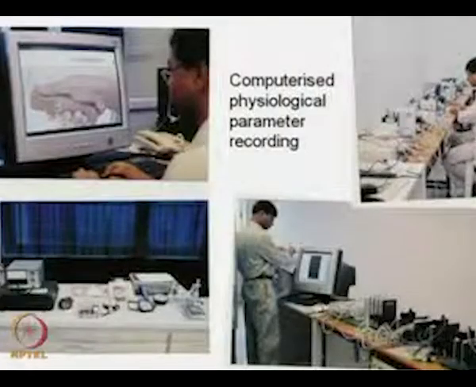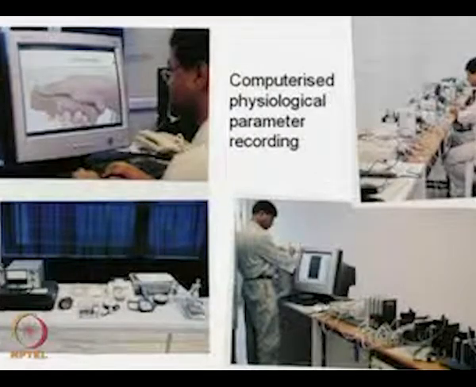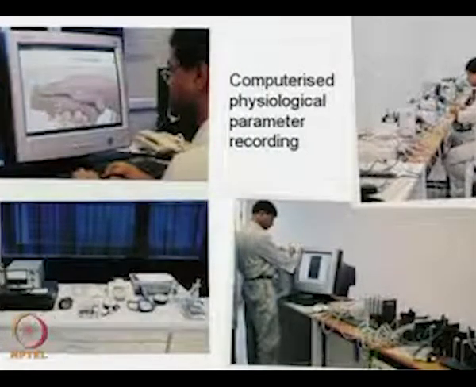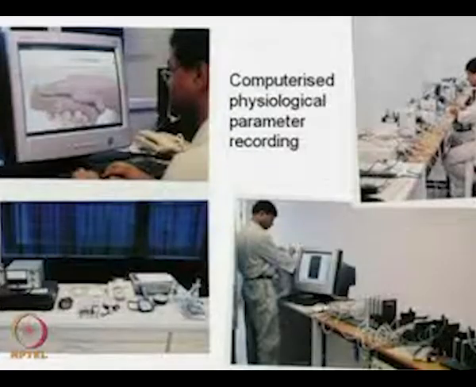Some of the equipment shown here can be used for electromyography recording, electrocardiography recording, even electro-oculography, eye movement, etc., and then heat and other resistance of the body. All these things are necessary to carry out for evaluating a design.